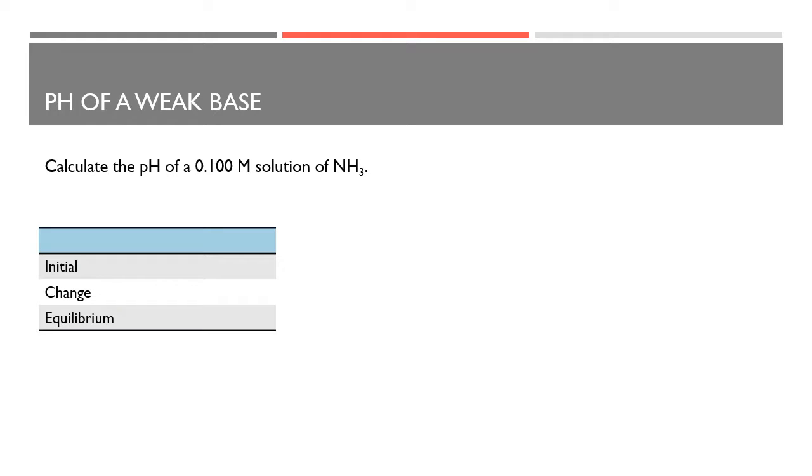So here is an example problem. Calculate the pH of a 0.100 molar solution of NH3. This is ammonia, which is a pretty typical, common weak base. So I'm going to start out by writing the reaction between that ammonia and water, so NH3 in aqueous solution with H2O as a liquid in equilibrium with the NH4 plus ion in aqueous solution.